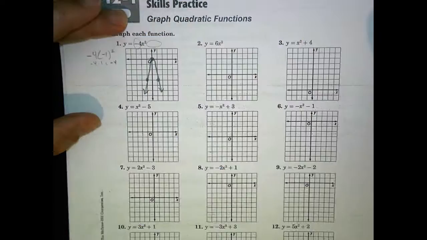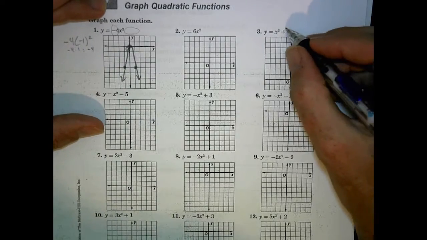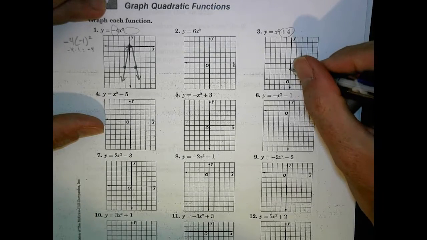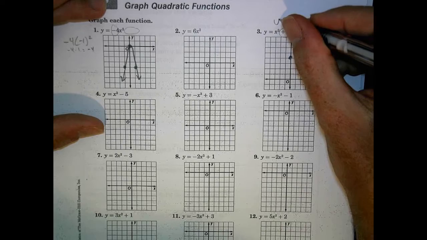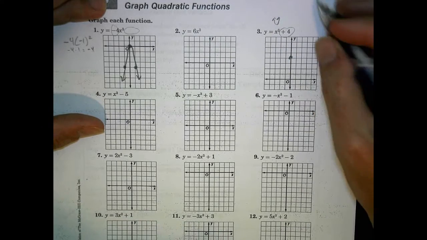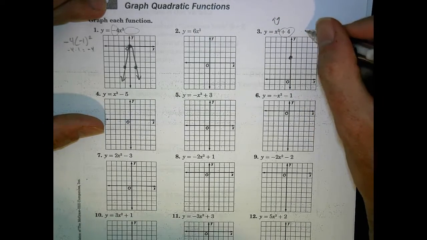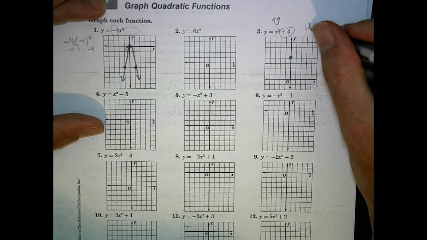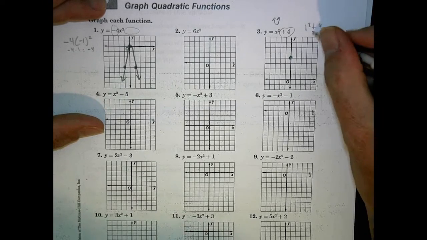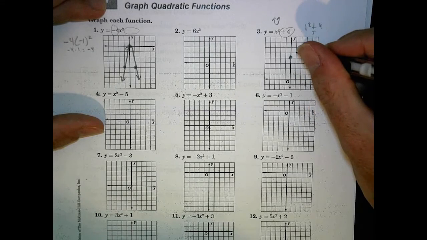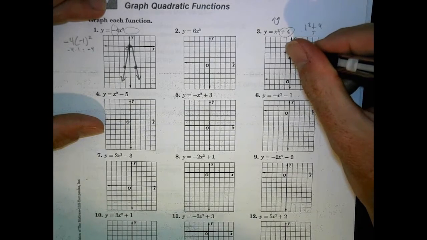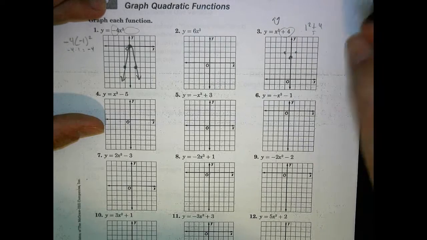Number 3, we see our y-intercept is at 4. So 1, 2, 3, 4 right here. We know it's curving up because it's positive. So when x is equal to 1, we have 1 squared plus 4. 1 squared is 1 plus 4 is 5. So at 1, we're going to be at 5 right there, which means on the other side, negative 1 will also be at 5.